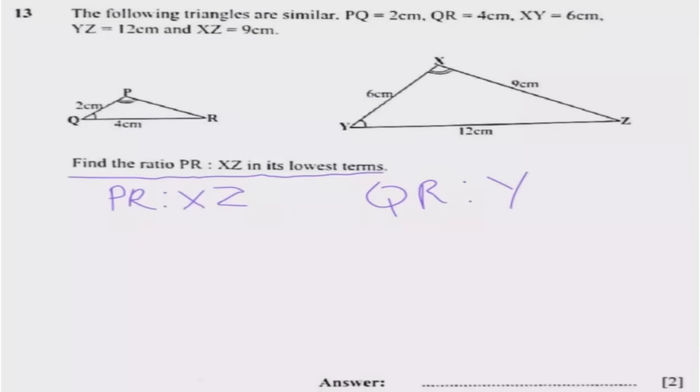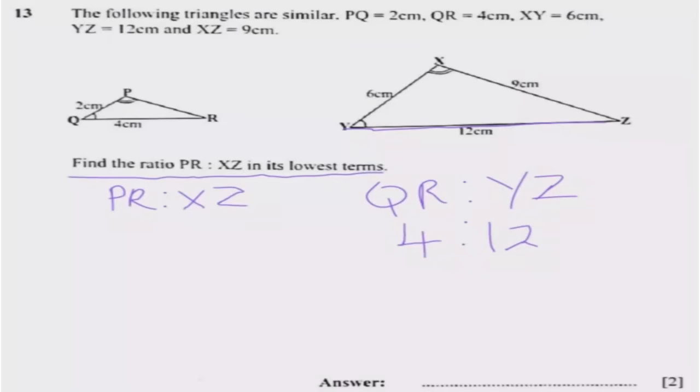What is the distance of QR? That is 4. When you're writing ratios, you don't put units. So 4 to the distance of YZ, which is 12.